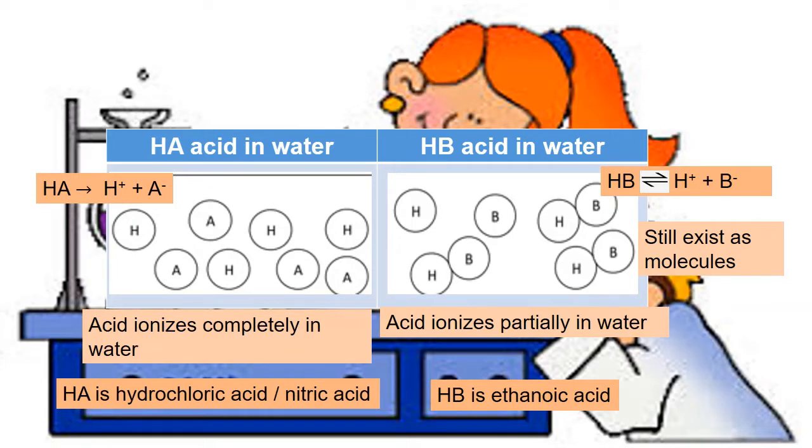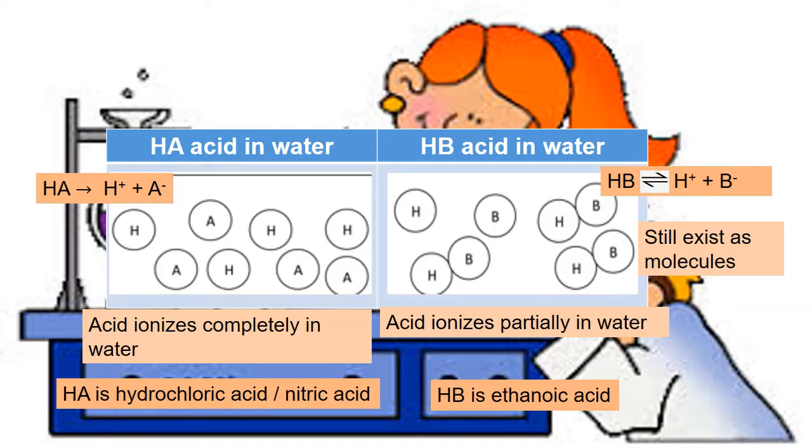HA acid in water in diagram 2.1. Acid ionizes completely in water to produce a high concentration of hydrogen ions. HA acid is a strong acid. The name for HA acid is hydrochloric acid or nitric acid.